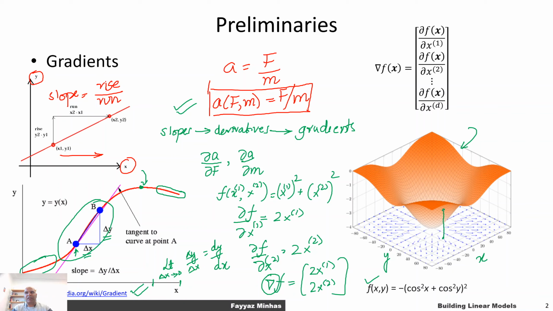Now imagine yourself at this particular point on the function. If you are interested in understanding whether the function is going to increase or decrease if I make a change in the x direction but not the y direction, then these partial derivatives allow you to do that. Similarly, if you're interested in observing the effect on the value of the function if I make a change along the y-axis, while keeping x constant, you can do that also using partial derivatives.